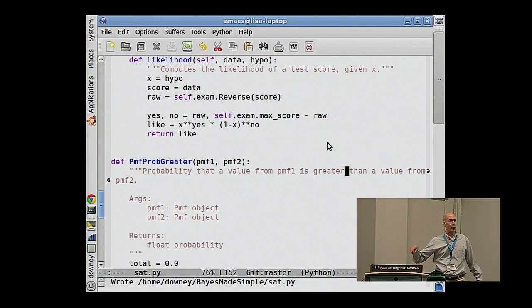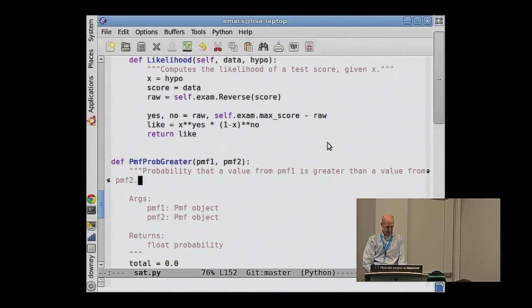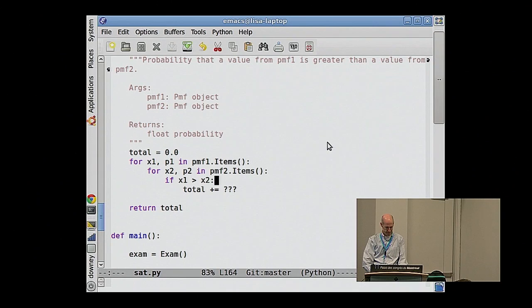So just to clean up one error, the doc string for this function said the opposite of what it was supposed to. So PMF prob greater should be the probability that a value from PMF1 is greater than a value from PMF2. It's correct on the slide, but wrong here. Okay, so now I'm going to iterate through all the pairs. x1 is drawn from PMF1.